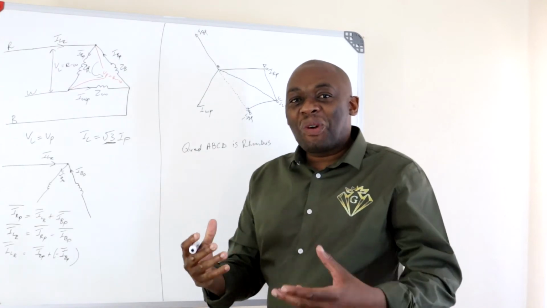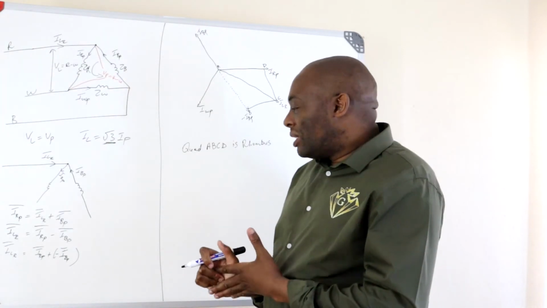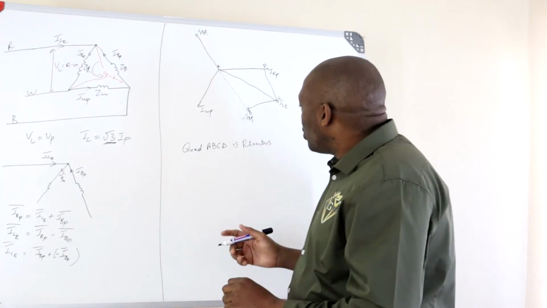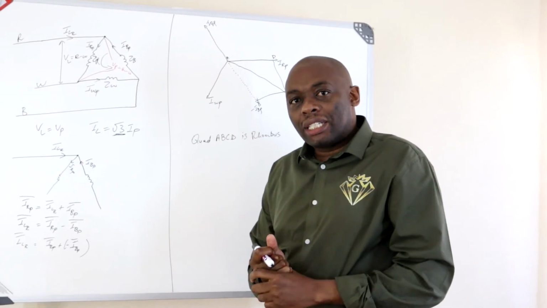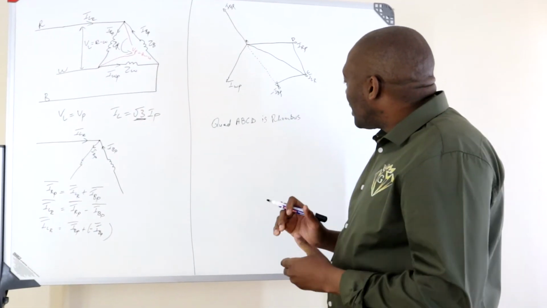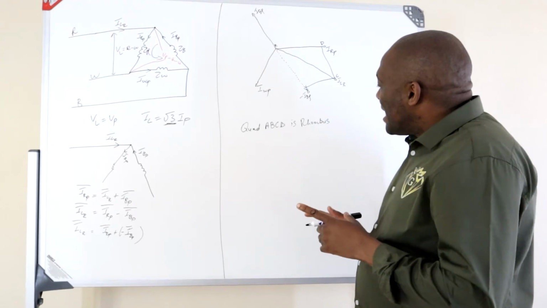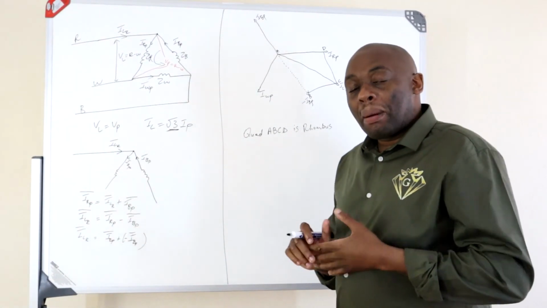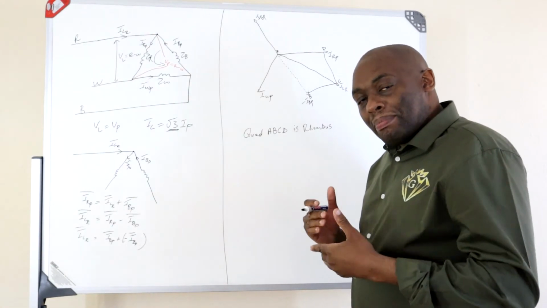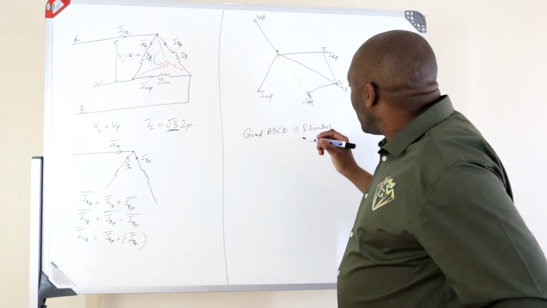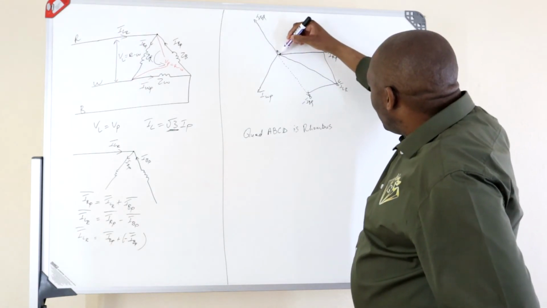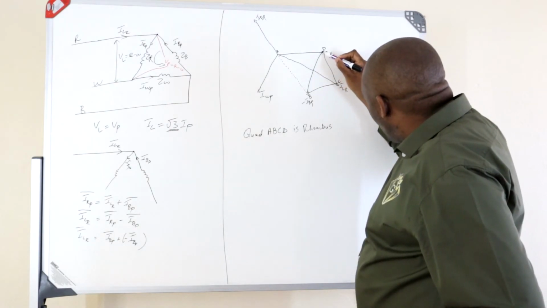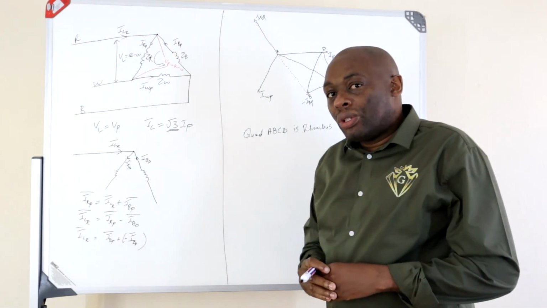Now, like us, you have to go back to the engineering knowledge that you studied before and check the characteristics of a rhombus. The diagonals in a rhombus, meaning the lines in a rhombus, are perpendicular to each other and they bisect each other. So the diagonals, this line here and the other line that we can draw from here to there, are perpendicular to each other.